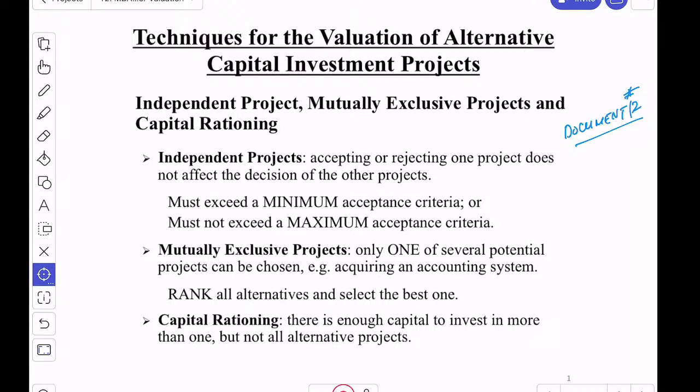And third, you could have enough capital, enough financing to back several projects. So that's known, maybe several, but not all of the alternatives. So how do you choose the best combination of projects with the available financing? That is known as capital rationing.